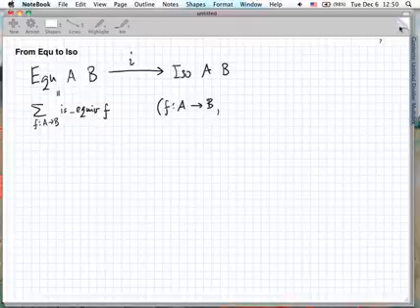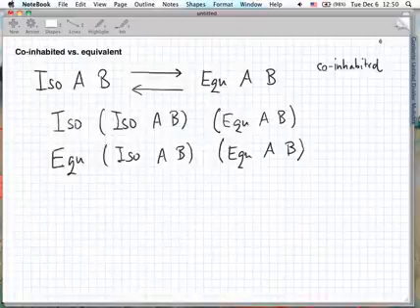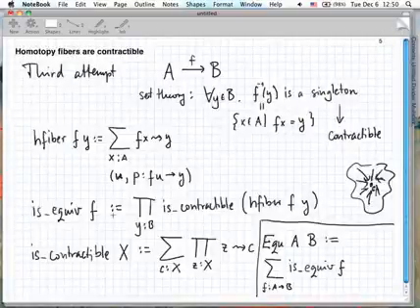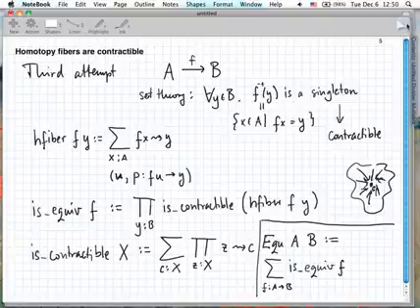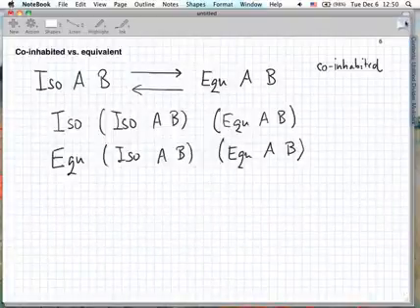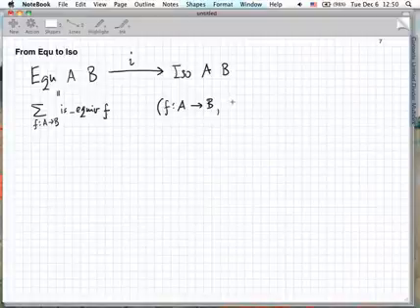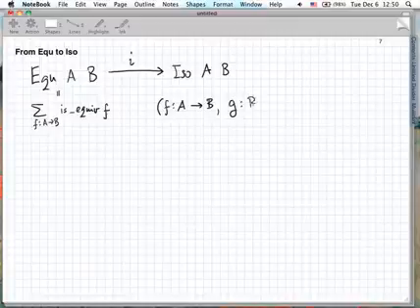Now we have to look back. What is this space? So this is another map, let's call it G, which goes from B to is contractible. So I get here a map G, and this map goes from B to some place.